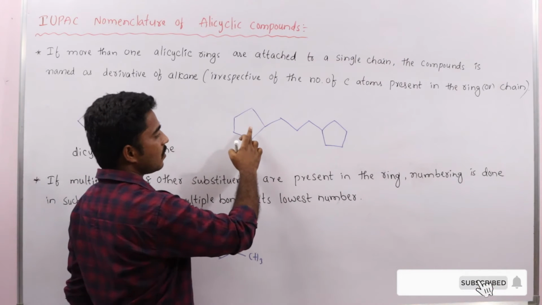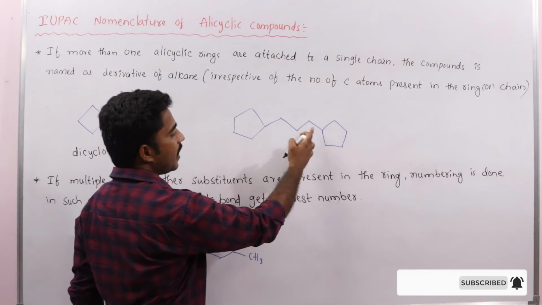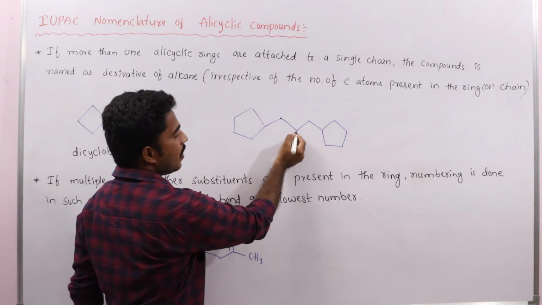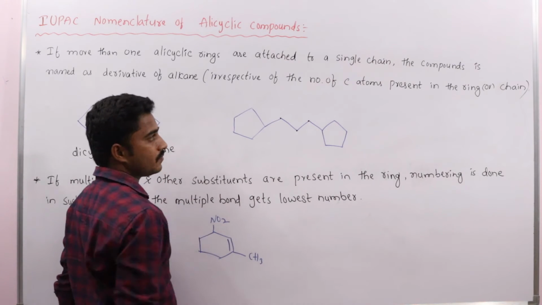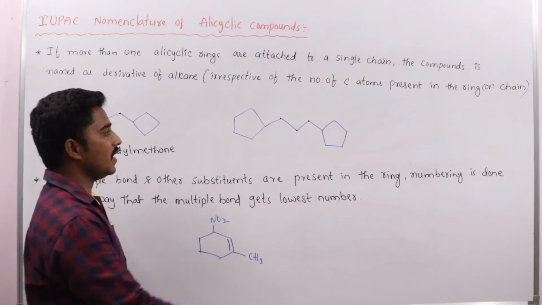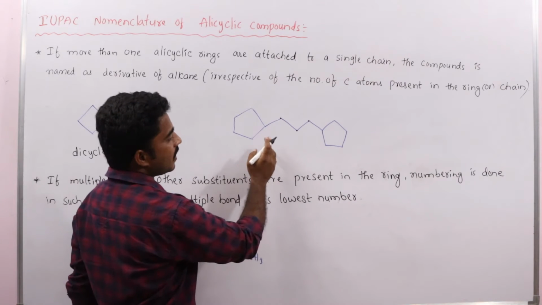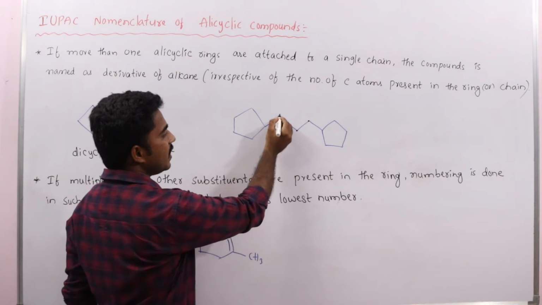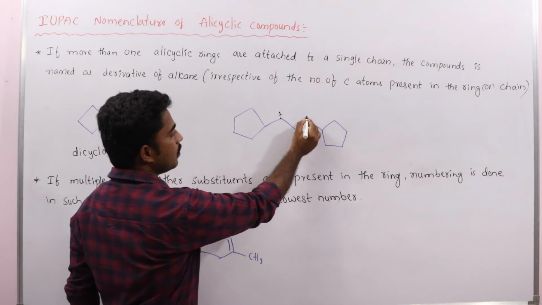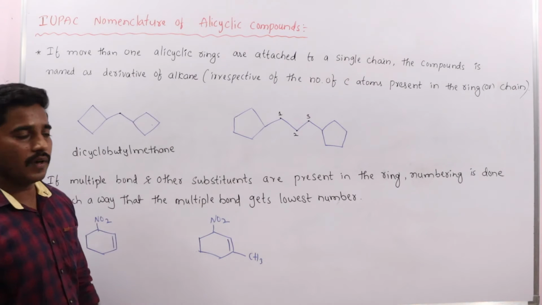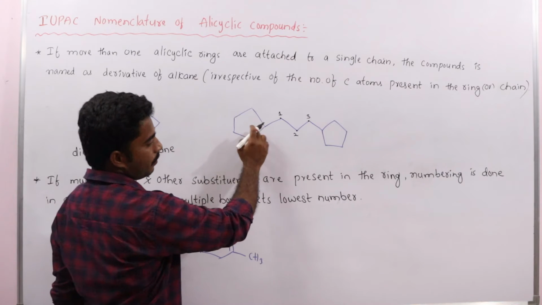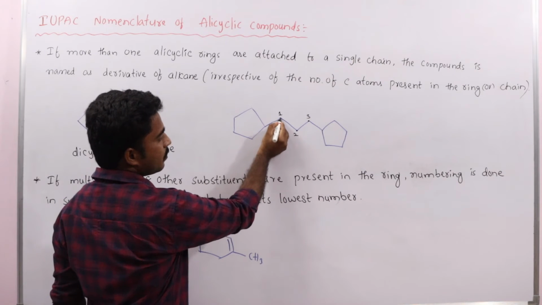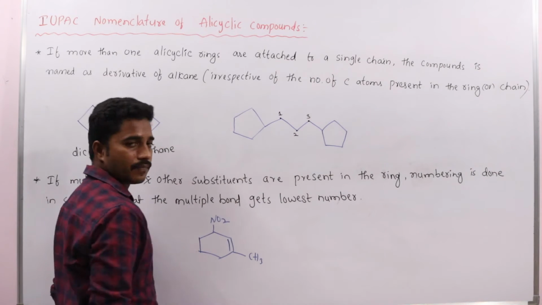So let us see this example. Here also 2 cyclopentyl groups are attached to a carbon chain. Single chain is present here. So here we have to give the numbering from any side, 1, 2, 3. Cyclopentyl groups are present at first position and third position.